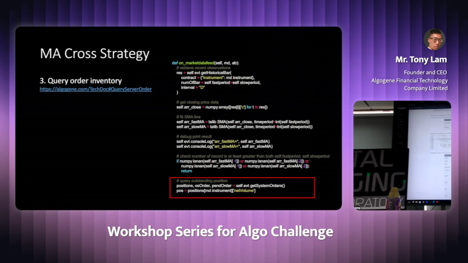This function will return four results. The first one is about the current decision. The second one is about any outstanding order. And this one is the pending order. So for our case here, we will focus on this object, the position.